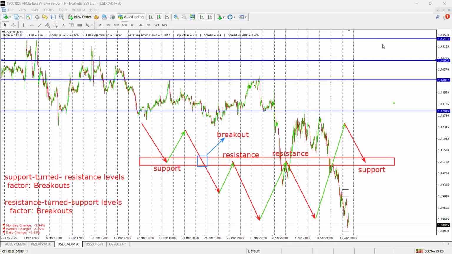So following every breakout, a level of support will automatically change into a level of resistance, or a level of resistance will also automatically change into a level of support.